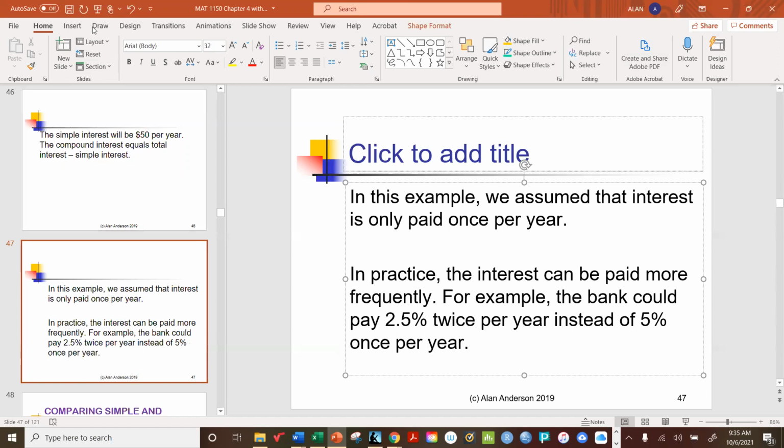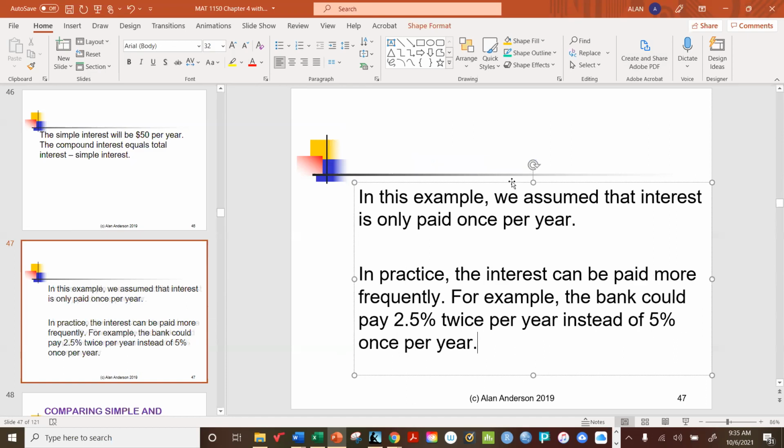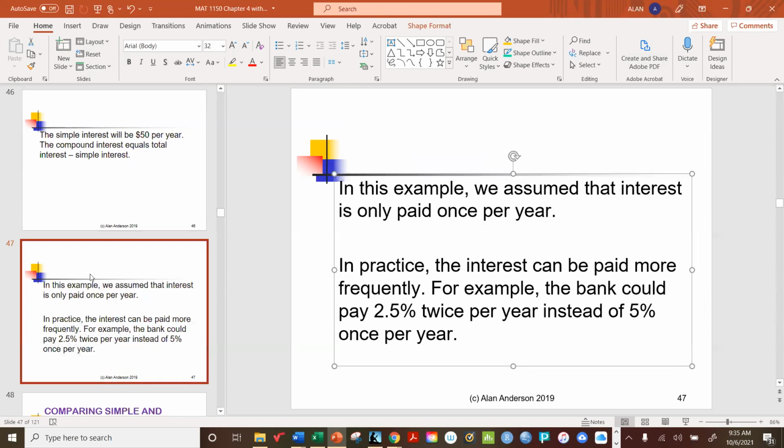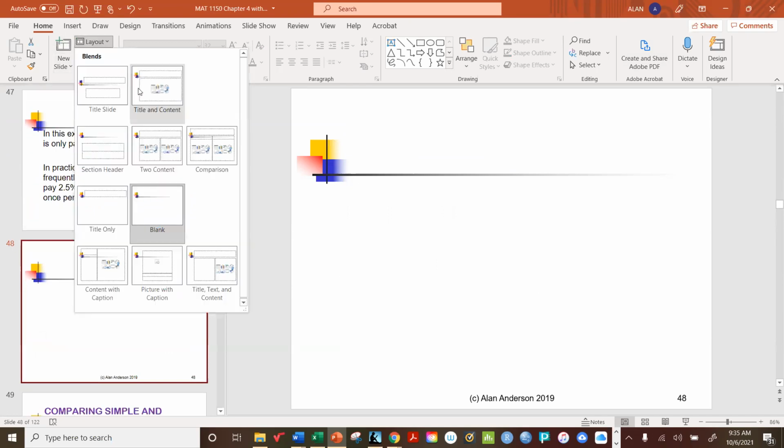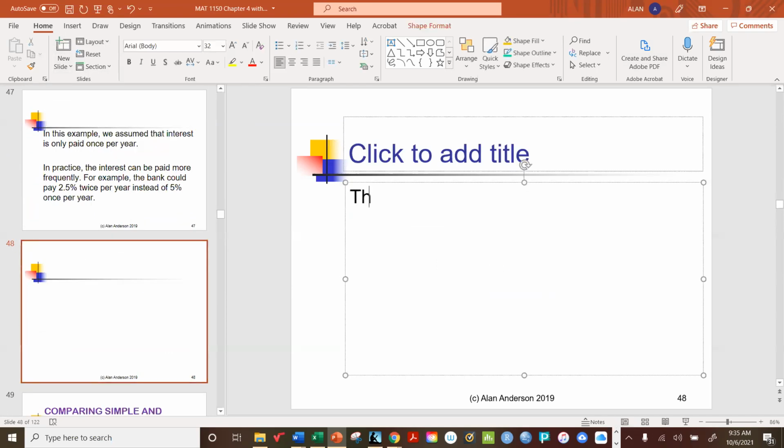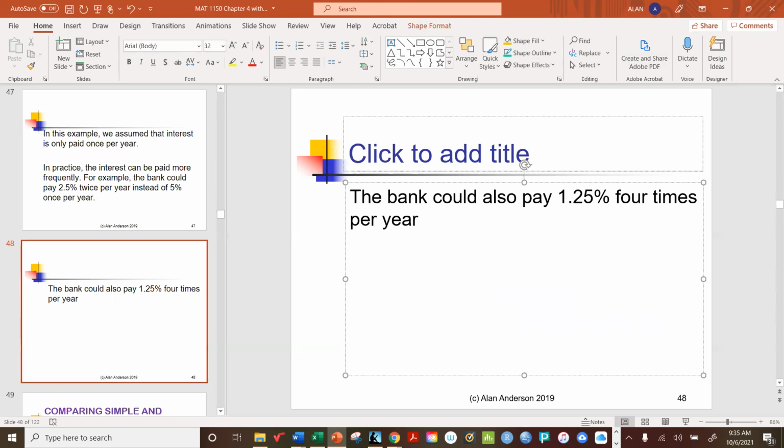Okay, and of course, they could also do 1.25% 4 times a year instead of 5% once per year.